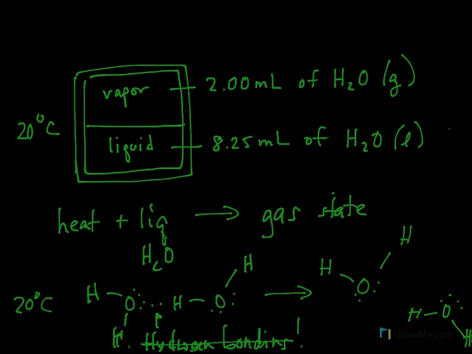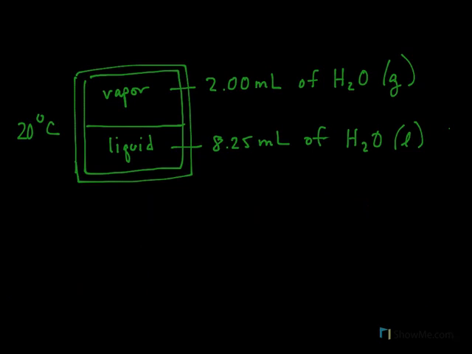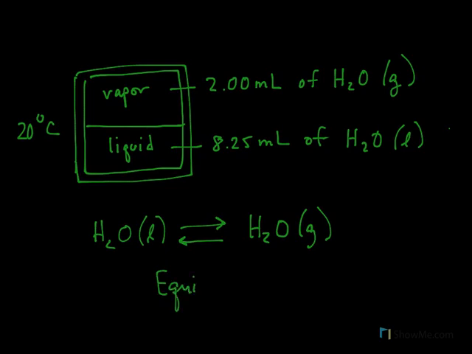So that means that as H2O liquid molecules are evaporating to H2O gas, some of these H2O gas molecules are now being converted back into liquid. Okay? That means that an equilibrium state has been reached.